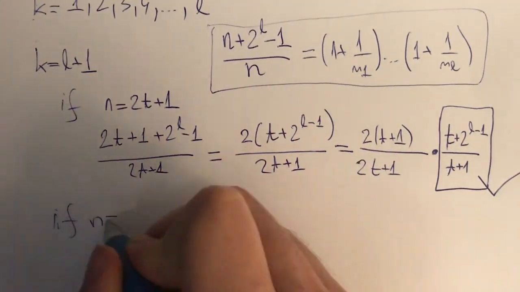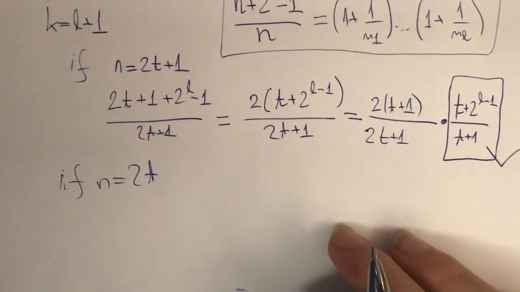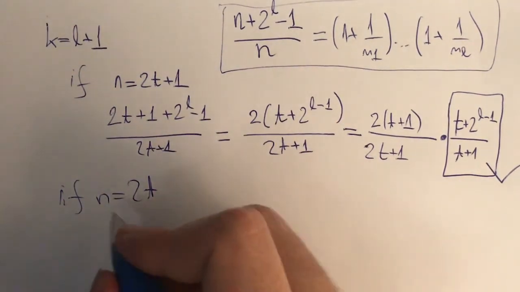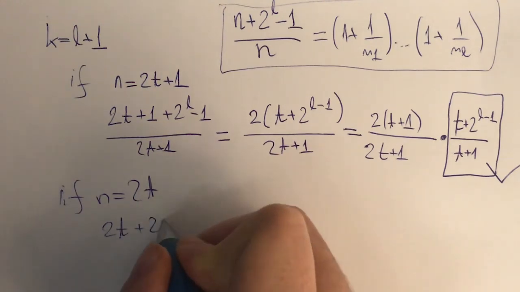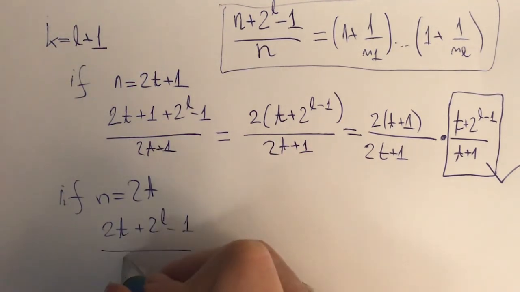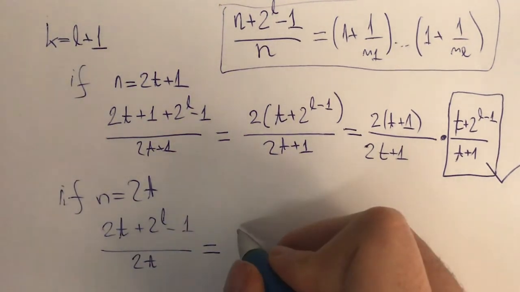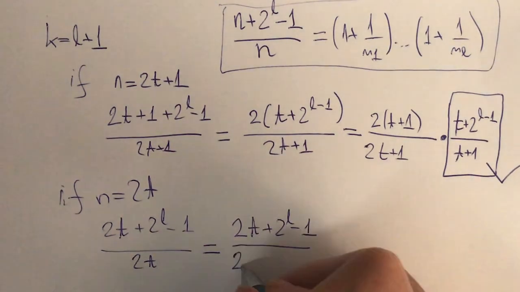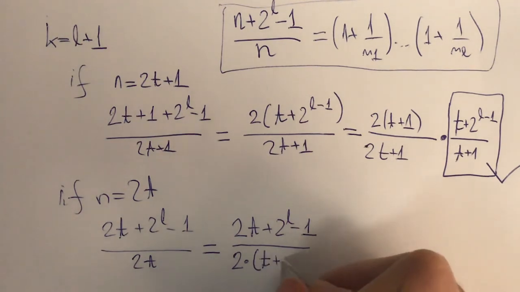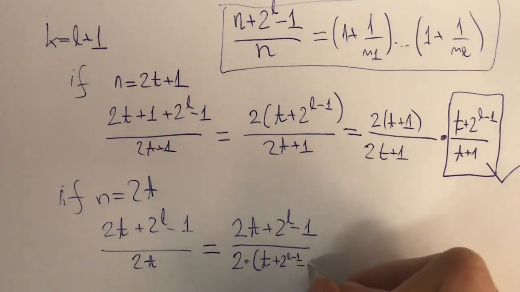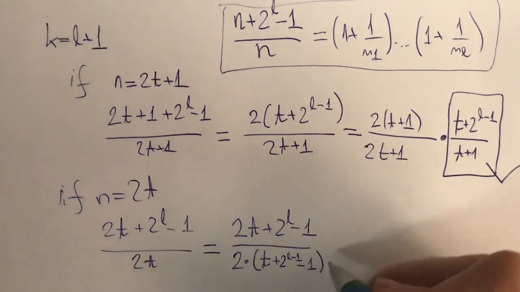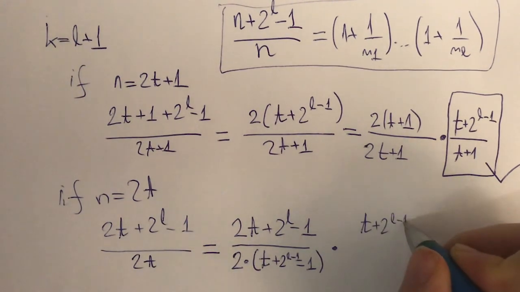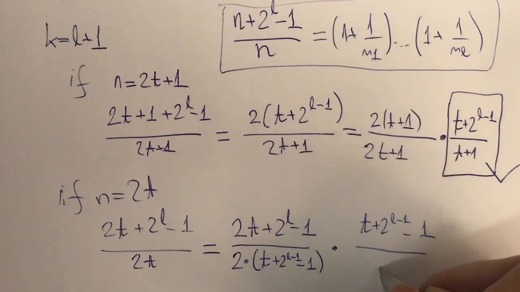Now, if n is of the form 2t, where t is a positive integer, this whole thing rewrites as (2t plus 2 to the L minus 1) over 2t, which is equal to (2t plus 2 to the L minus 1) over 2 times (t plus 2 to the L minus 1 minus 1). And we need to multiply this by (t plus 2 to the L minus 1) over t.